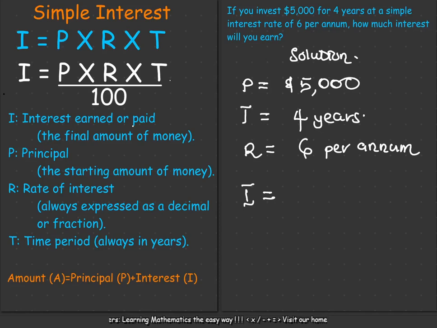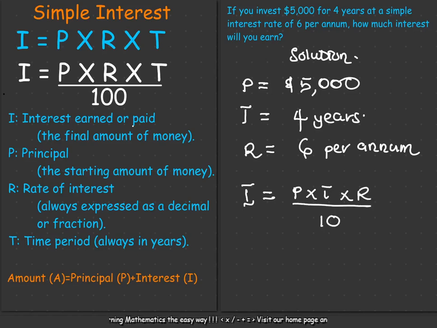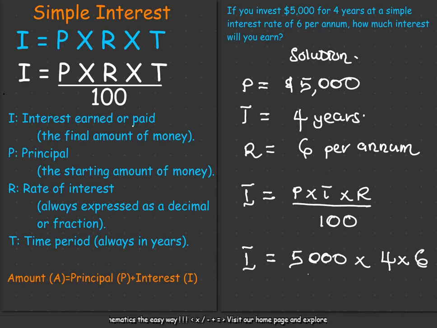So our simple interest is equal to the principal times time times rate all over 100. Substituting, our interest is equal to the principal, 5,000, times the time, which is 4 years, times the rate, which is 6, all over 100.